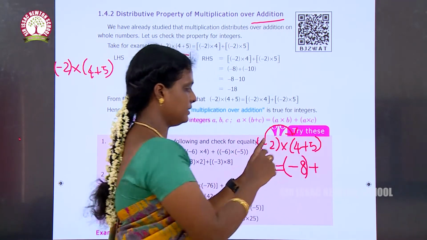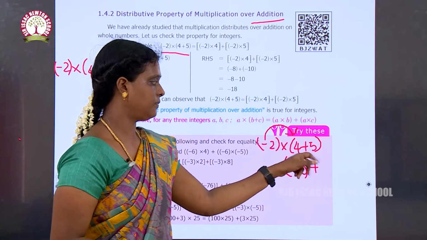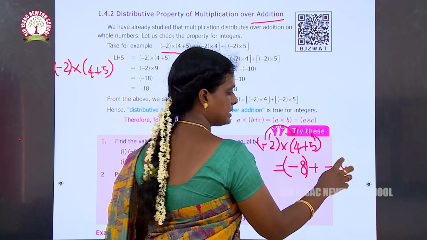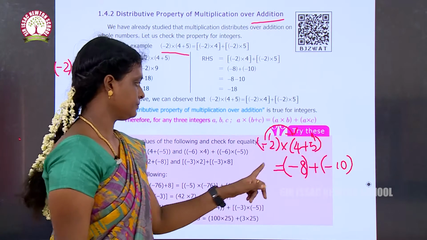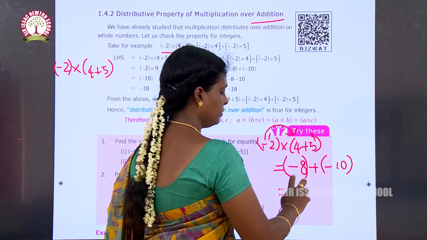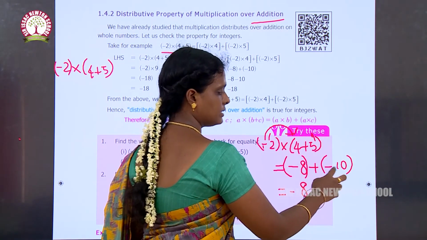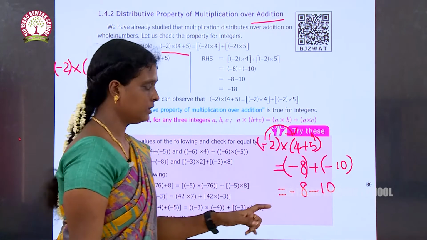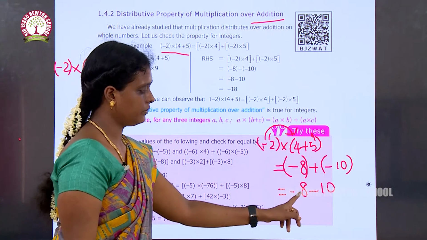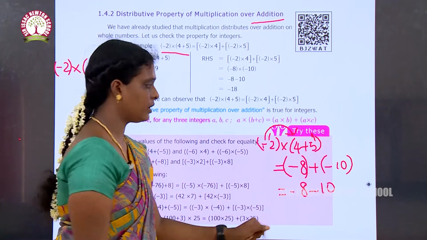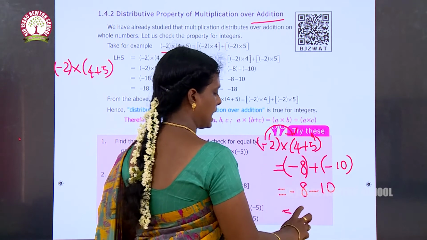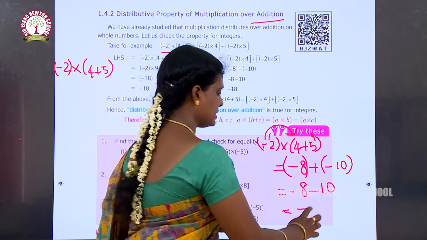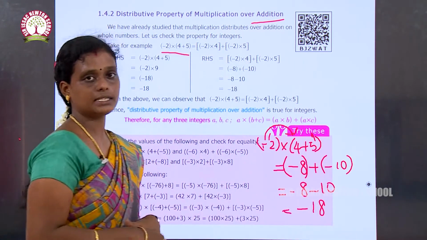Again I am going to multiply this minus 2 with this 5. Minus into plus will become minus, and 2 into 5 is 10. So now it is minus 8, and this is minus 10. If both the signs are equal, you have to add and put the minus sign. So minus 8 plus 10 is 18. So the answer is minus 18.